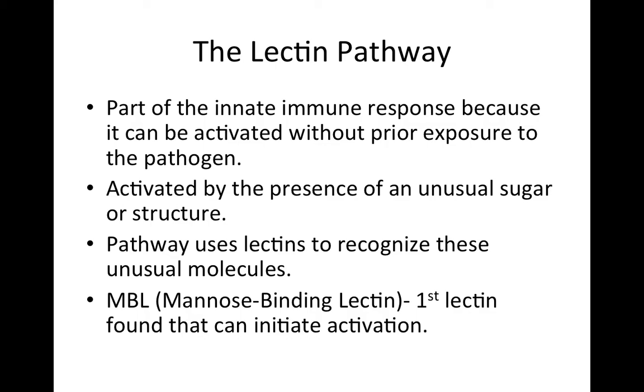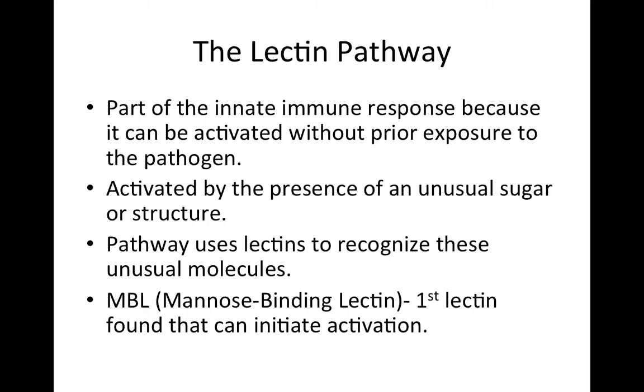The second pathway is the lectin pathway, which is part of the innate immune response. It doesn't require the presence of antibodies, so it can be activated without prior exposure to a pathogen. It's activated by the presence of an unusual sugar molecule that's usually found on lots of bacterial cells.